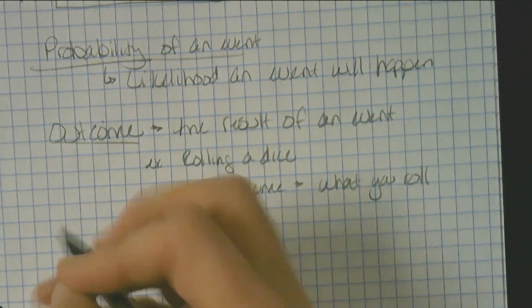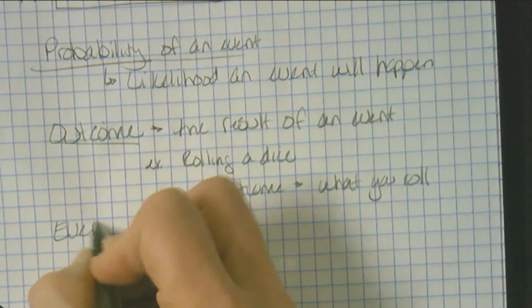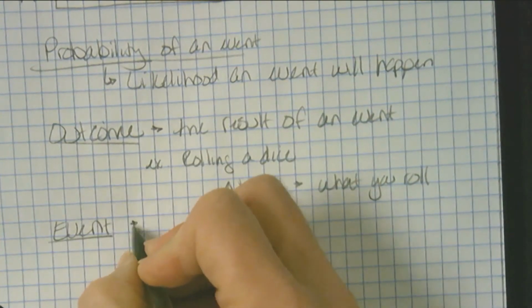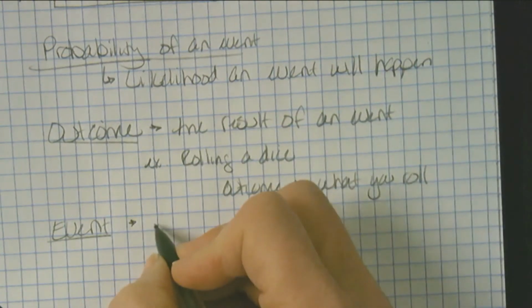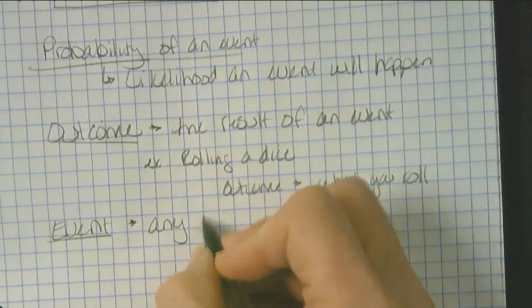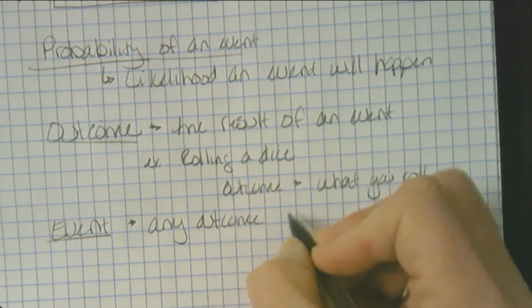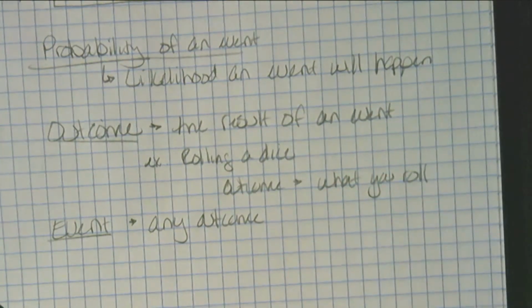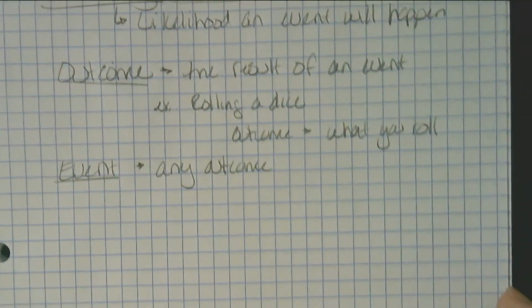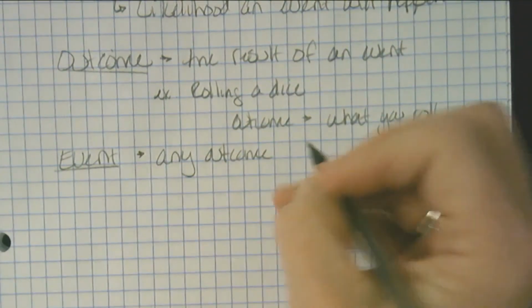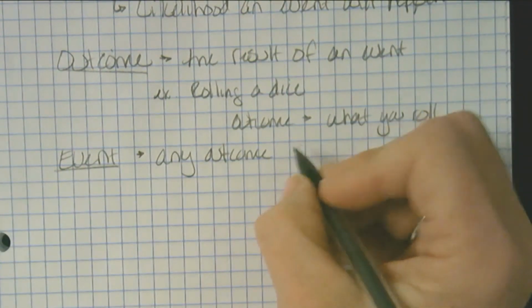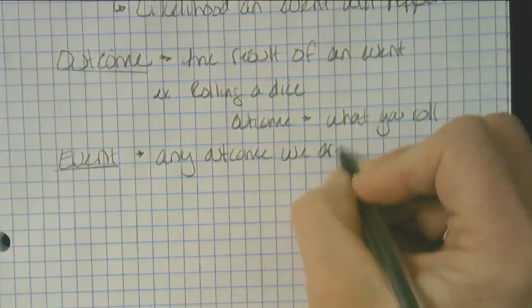All right. So an event is any outcome. All right, so an event is any outcome. Usually it's any, let me expand this. This is any outcome we are looking for.